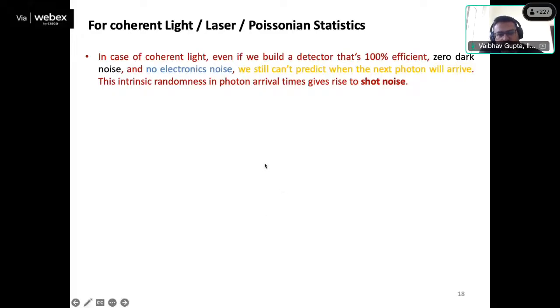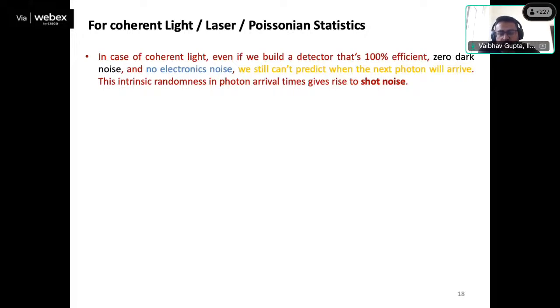Also, let's say you cool it down, there is no thermal noise and no electronic noise, but still you cannot predict when the next photon will come. That statistics, that arrival of photons, is the intrinsic nature of the semiconducting material and the light itself. So this gives rise to shot noise.